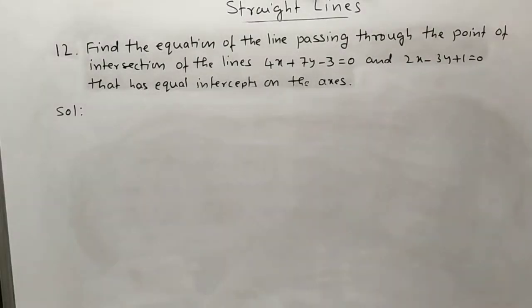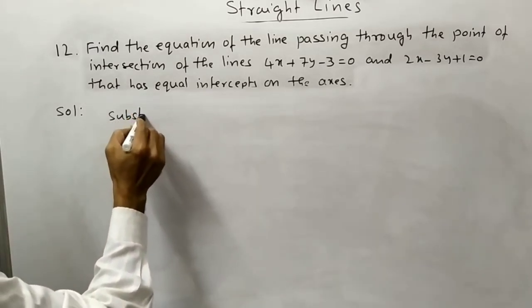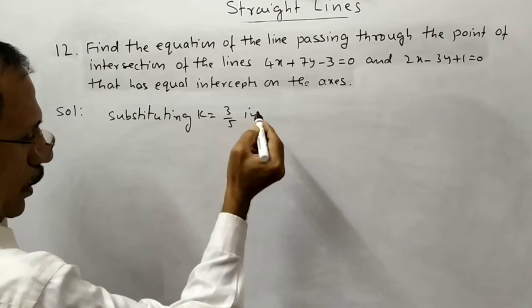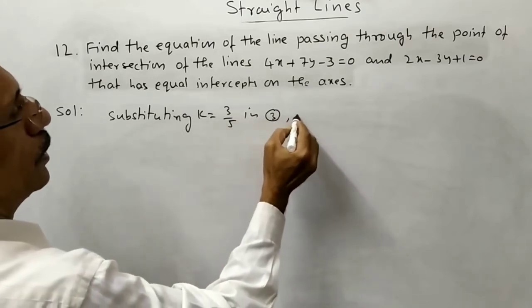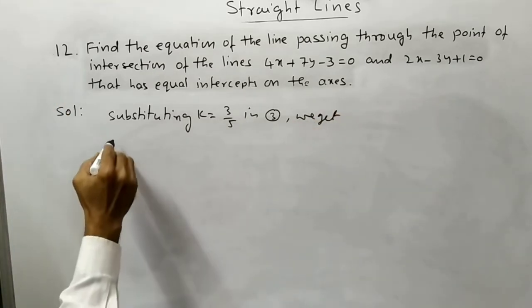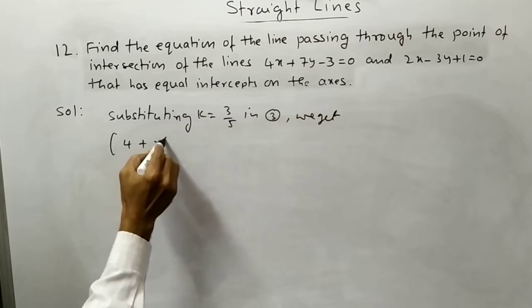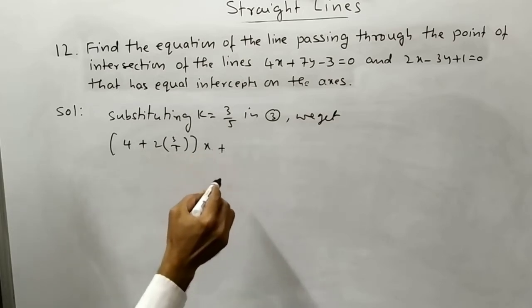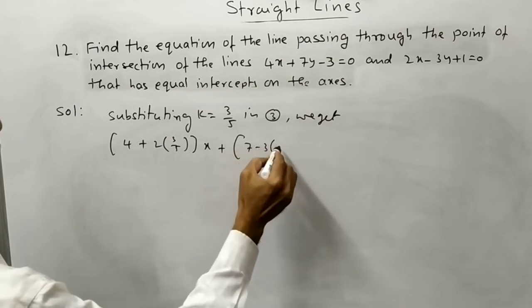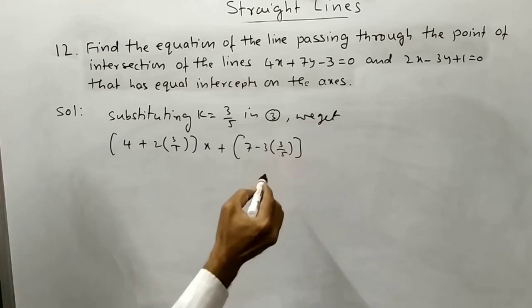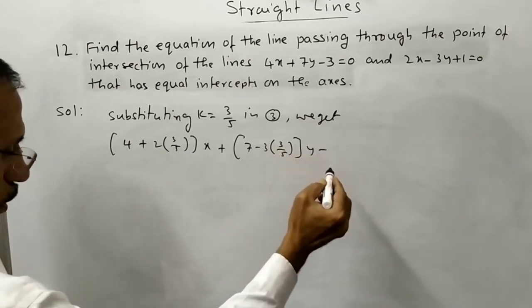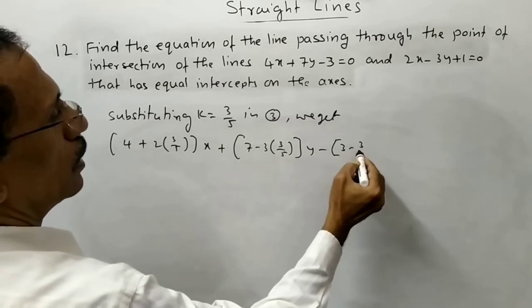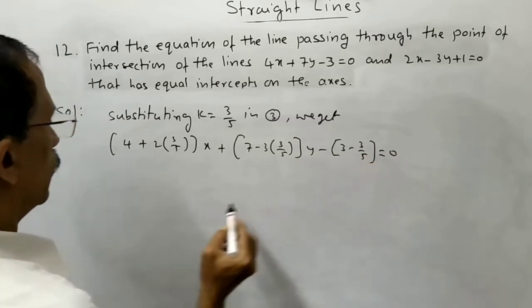Substituting k is equal to 3 by 5 in equation 3, we get 4 plus 2 into 3 by 5 x plus 7 minus 3 into 3 by 5 into y minus 3 minus 3 by 5 is equal to 0.